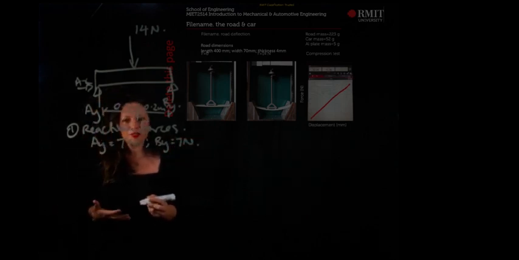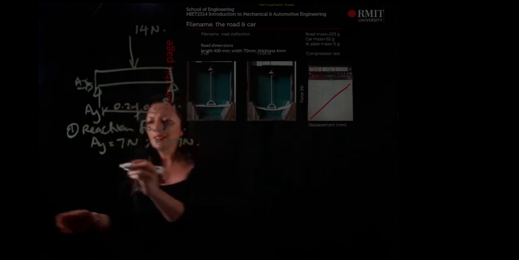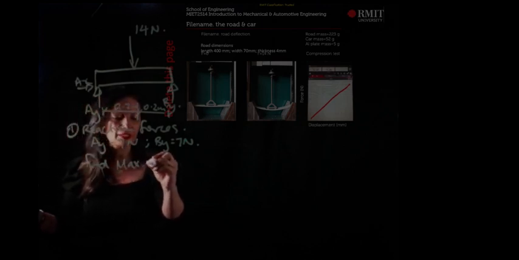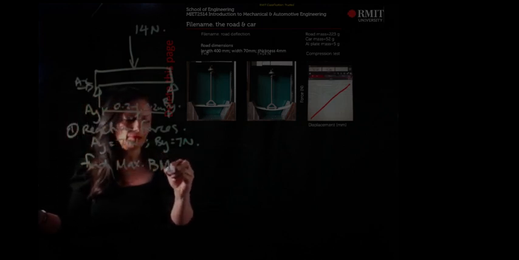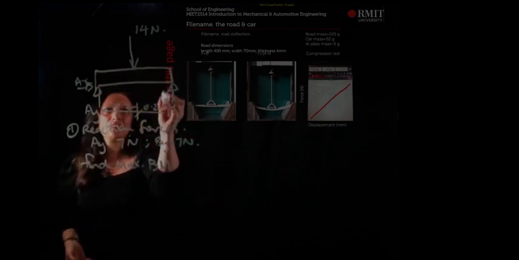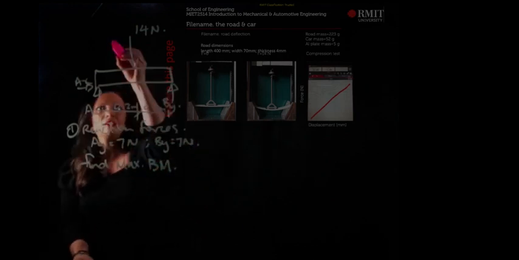And what I want to be able to do is draw a shear force diagram and a bending moment diagram, because we want to find our maximum bending moment. So what am I going to do? Here is my diagram. I'm going to cut the beam in 2 places.